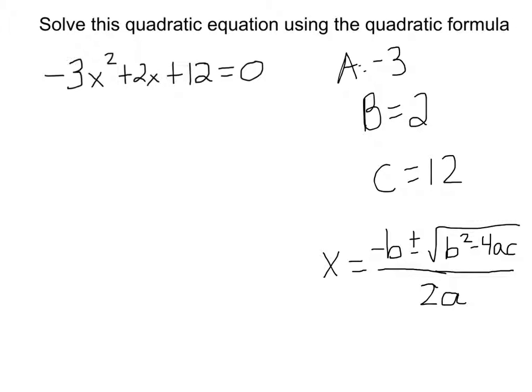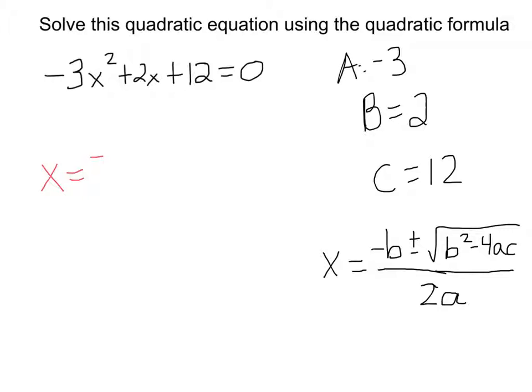And so now all we have to do is plug our A, B, and C in: our A from here, our B from here, and our C from here, in for A, B, and C in the equation, right? So let's do that. I've got X equals negative, and then whatever B is.